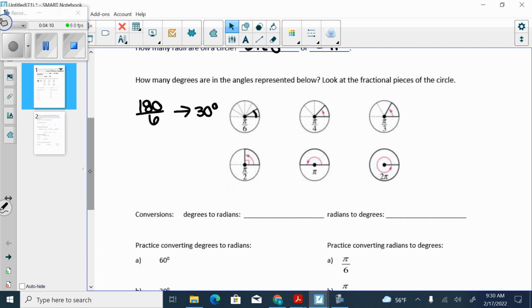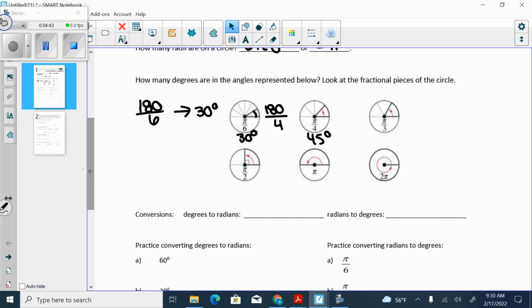So that would mean that one section here, or pi over 6 of this circle, is 30 degrees. And I should be able to do that no matter how many sections they split it into, right? So on this next figure, again, they're talking about half of a circle, which is 180, and they split it into how many pieces? So if I divide 180 by 4, we know that one section must be how many degrees? Good.